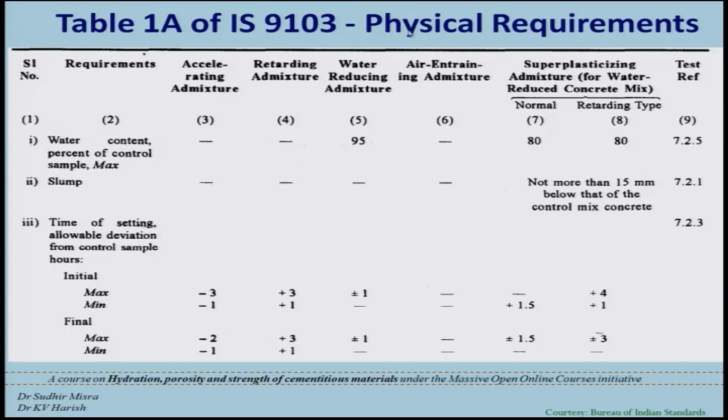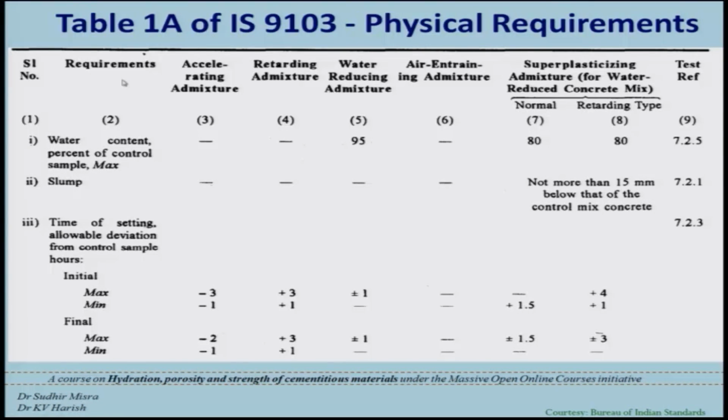Now, some of the provisions for chemical admixtures are provided in IS 9103 under physical requirements. There are about 9 to 10 physical requirements. In this slide, 3 of them are shown, and we will see the others in the subsequent slides.